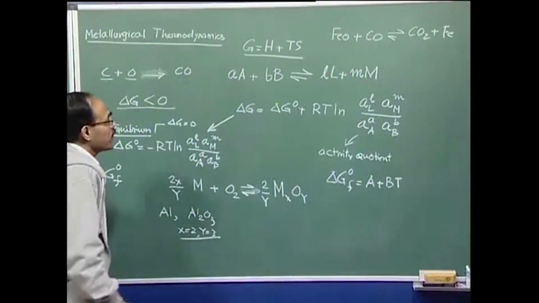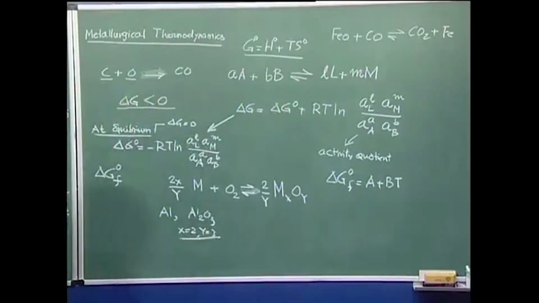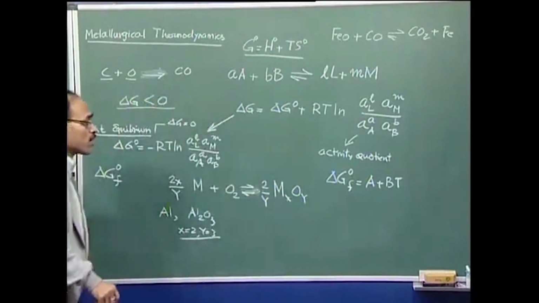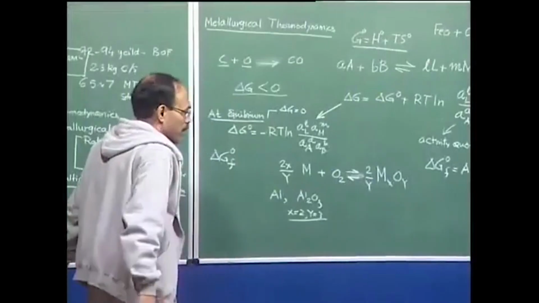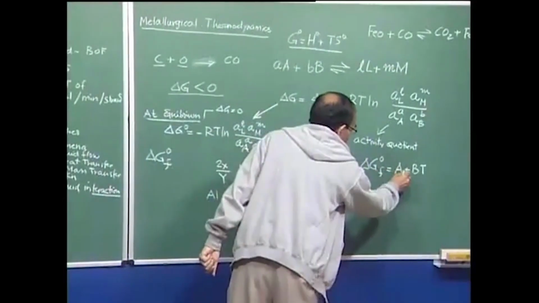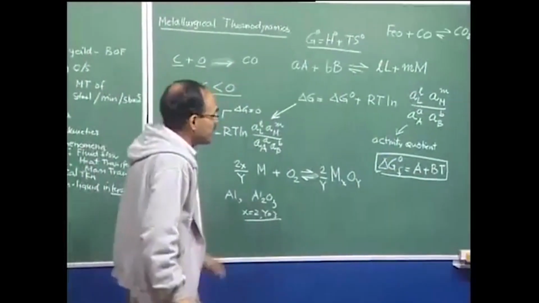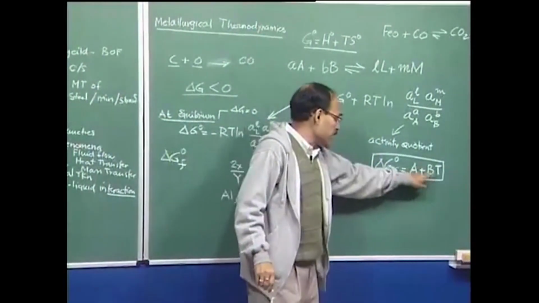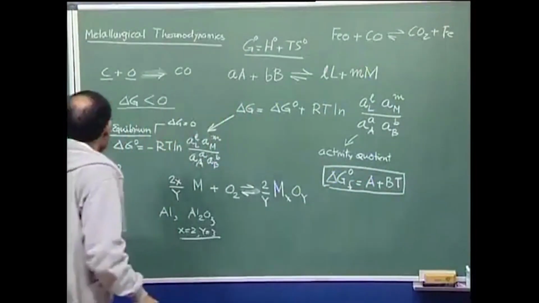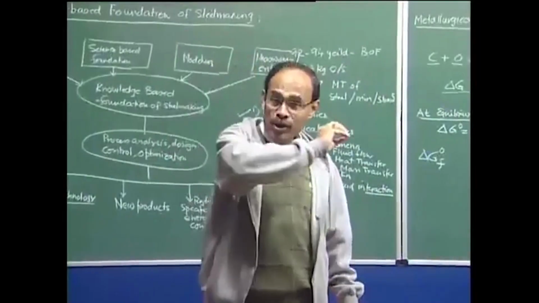If you assume that the standard enthalpy H naught and standard entropy of formation are not dependent on temperature, in that case the free energy of formation of oxide materials can be expressed conveniently in terms of this particular equation. That means the free energy of formation plotted against temperature will yield a straight line in which A and B are constants, and that is what you actually see when you look at the Ellingham diagram, where you have a number of straight lines drawn.